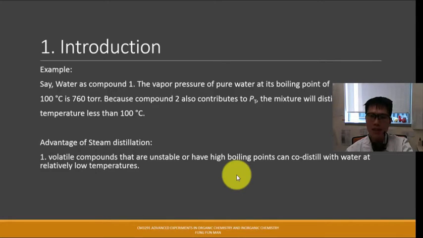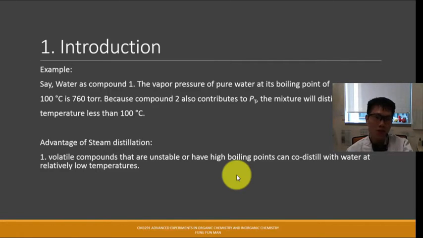And the second advantage is you can avoid the decomposition that might occur at the normal boiling point of the compound of interest. So once again, the two advantages of steam distillation are that volatile compounds that are unstable or have a higher boiling point can co-distill with water at a relatively low temperature, so it comes out together with water, and you can avoid decomposition at the normal boiling point.